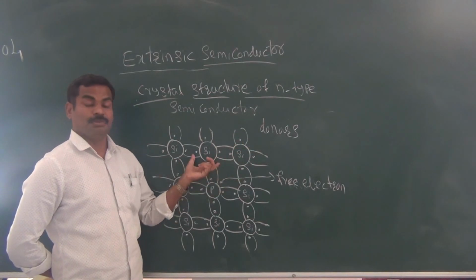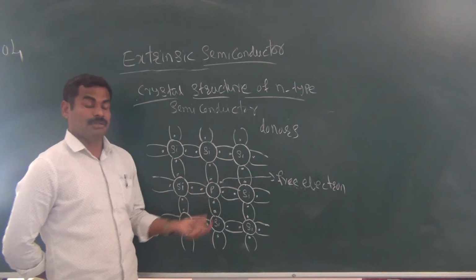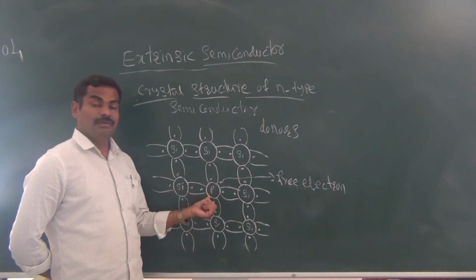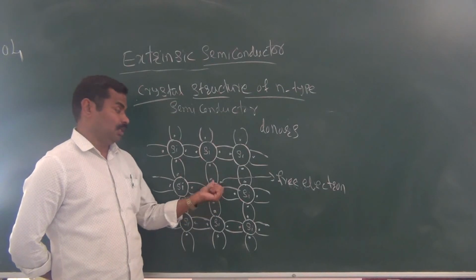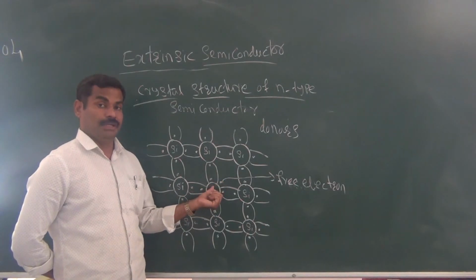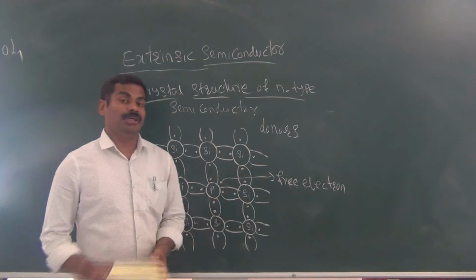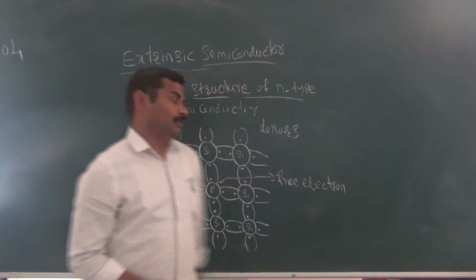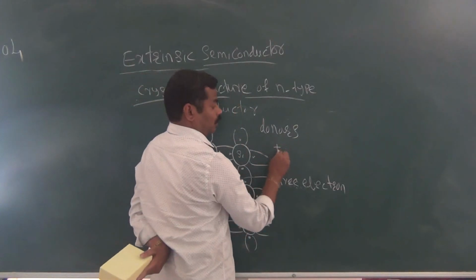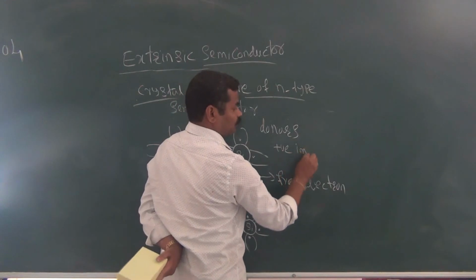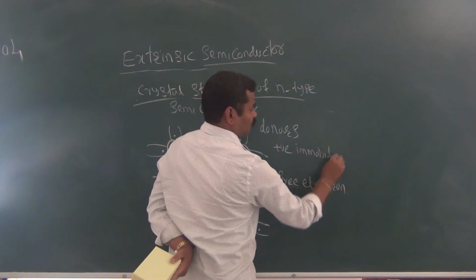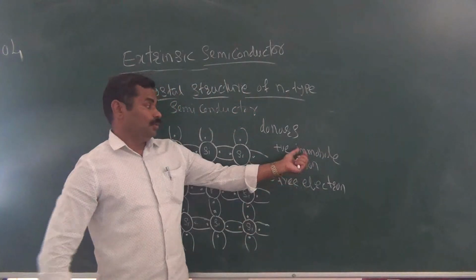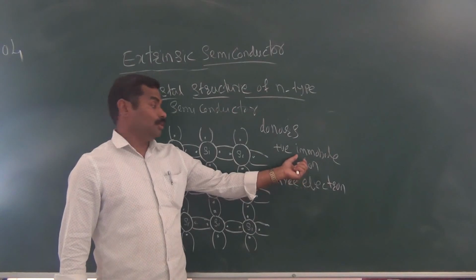This is about the importance of the n-type semiconductor. Another important thing: whenever you add pentavalent impurities, no doubt they give an extra electron. And the added impurity, the phosphorus, when it gives one extra electron, that phosphorus atom becomes a positive immobile ion.